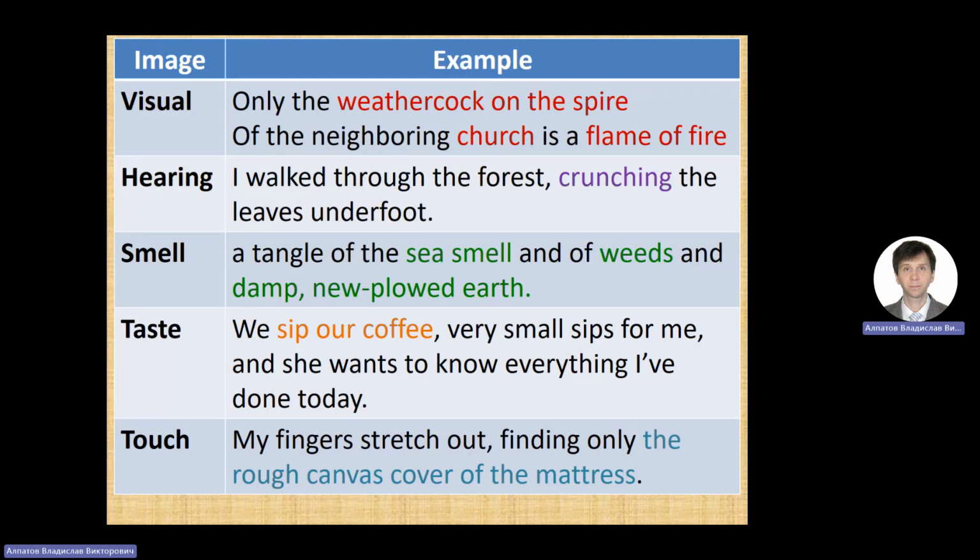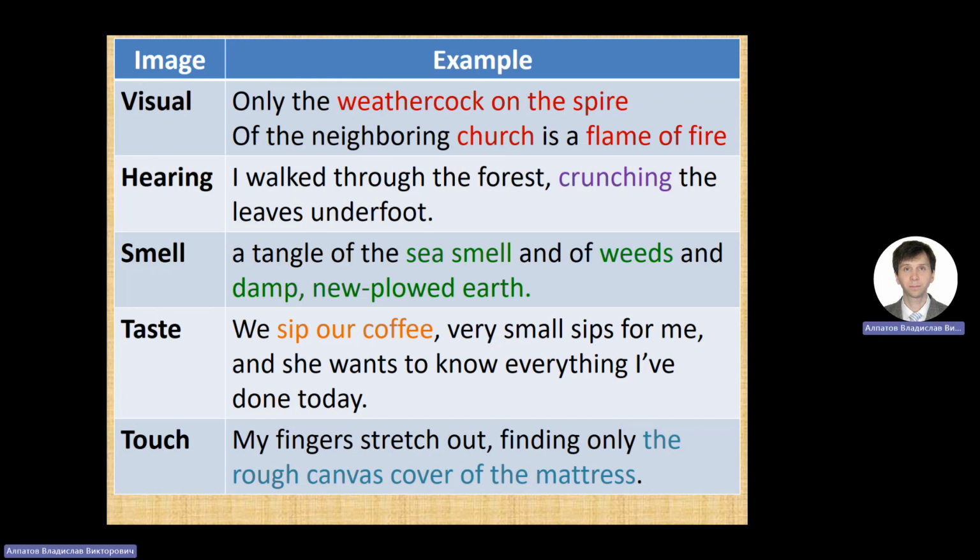Now, this is something that I haven't shown you, although maybe last time we came as far as this point, but in any case, the examples are slightly different. So these are the imagery, the sensory language proper. So the words related to the five senses: visual, hearing, smell, taste, and touch.